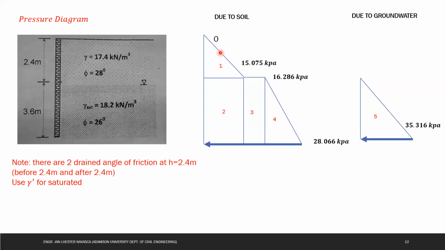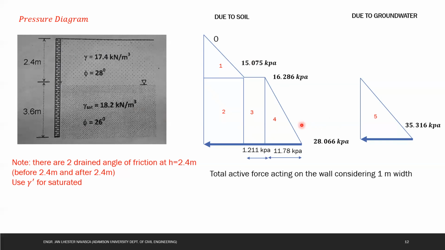So considering this area 1, this as area 2, area 3, area 4, and area 5. Again, the increment of this line is 1.211 kPa, and the increment of this line is 11.78 kPa. So just subtract the points.